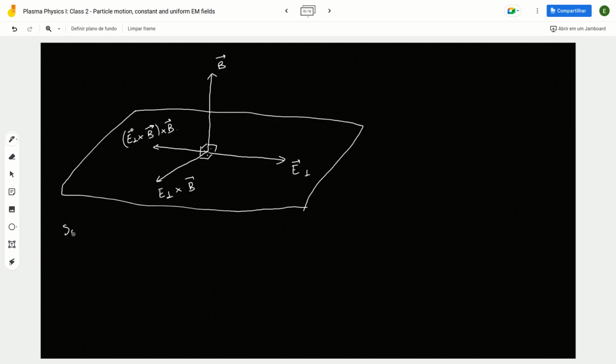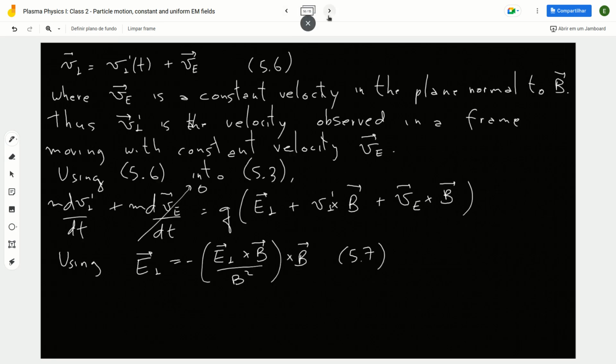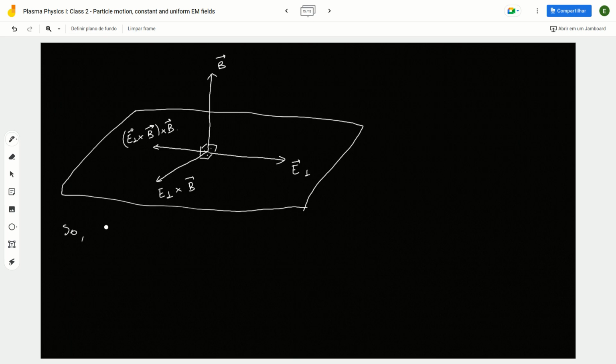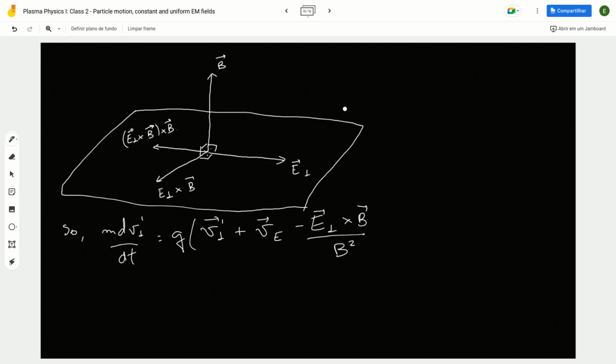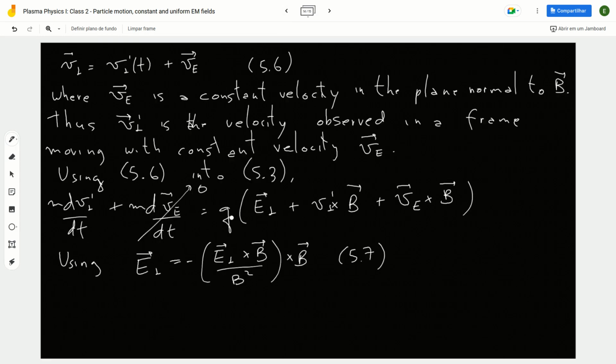So let us see, I have this equation, right? Let's rewrite it with this notation. We have m dv perp prime dt is equal to q v perp prime plus ve minus E perp cross B over B squared. Now we had B here, we have B here and B here.